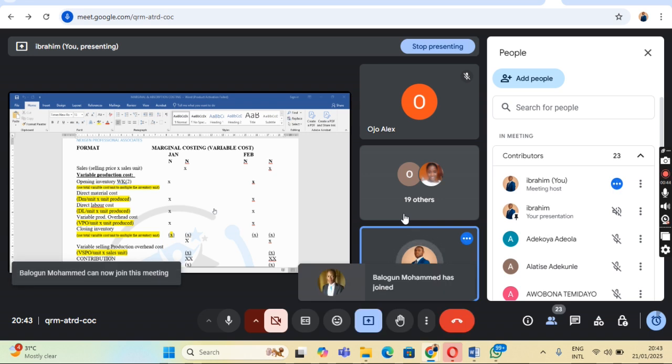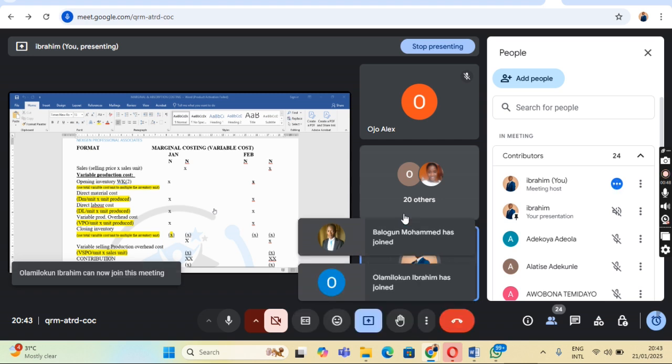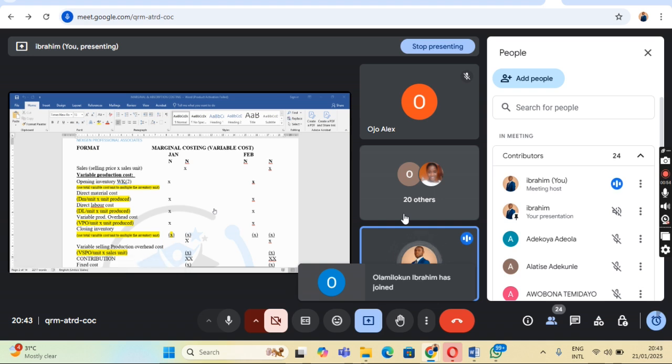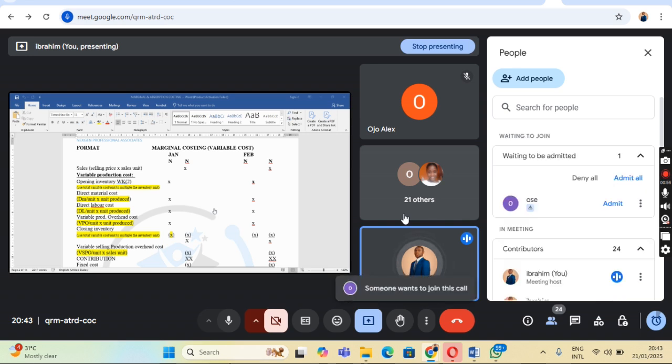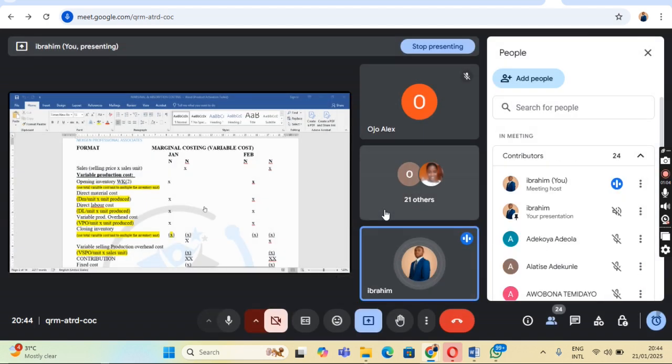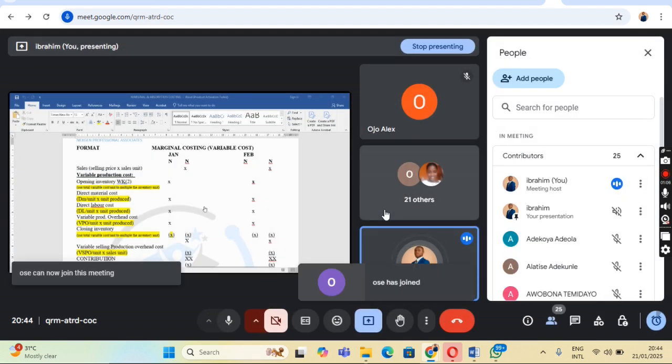I said that marginal costing values its production using variable cost. It values its product using variable cost. Don't forget this, it is very important, as well as it values its inventory using variable cost.